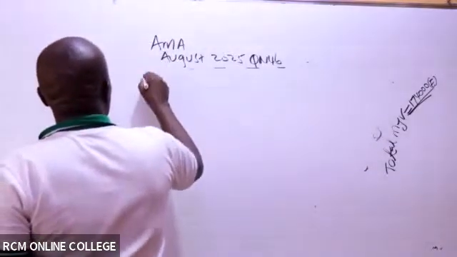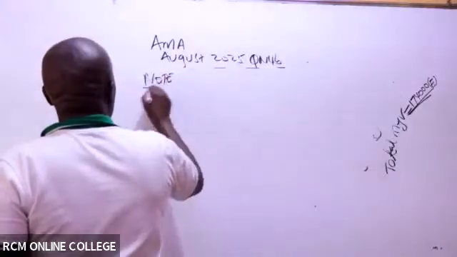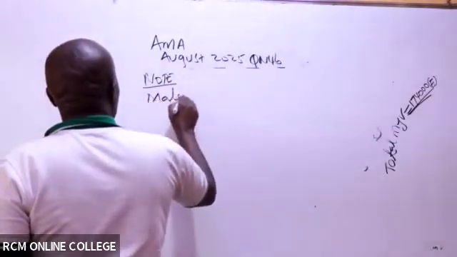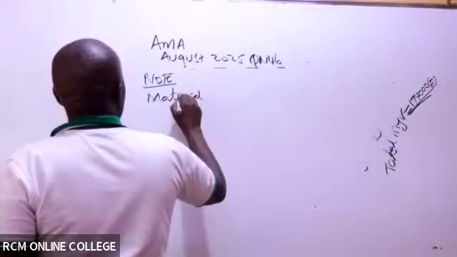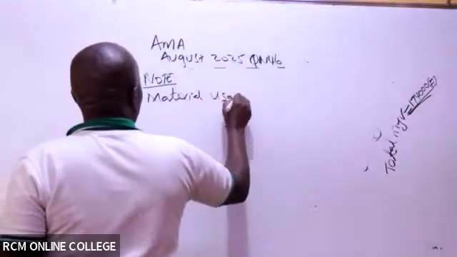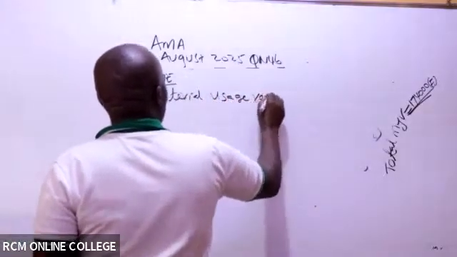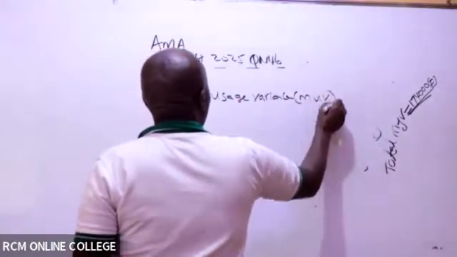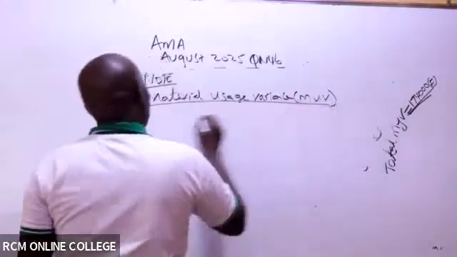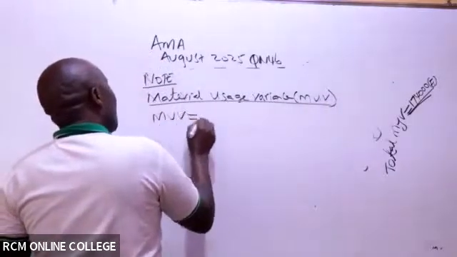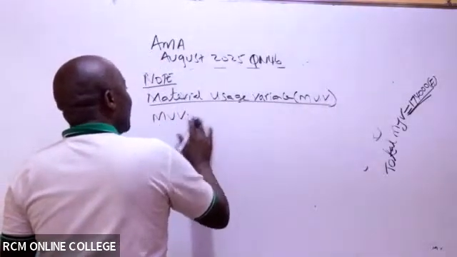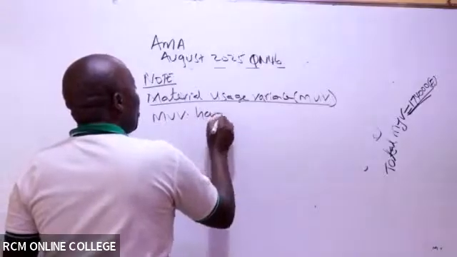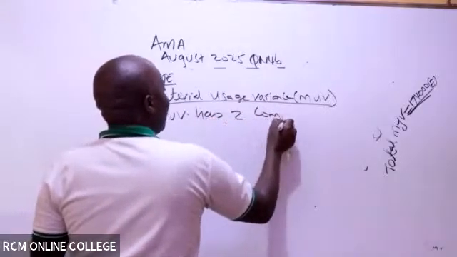Give me a note there. Material usage variance, which is MUV, has two components.